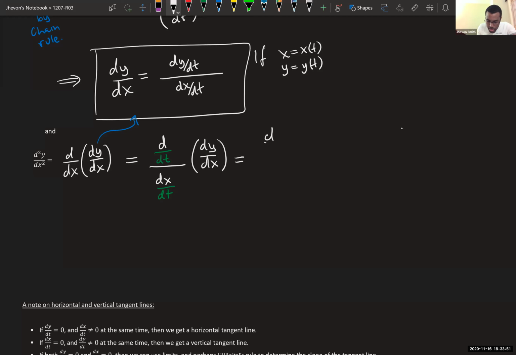Rearranging a little bit, this basically says d/dt of dy/dx. And again, remember, my dy/dx would be a function of t in this instance, and then I divide by dx/dt. So that tells you how you'd find the second derivative.